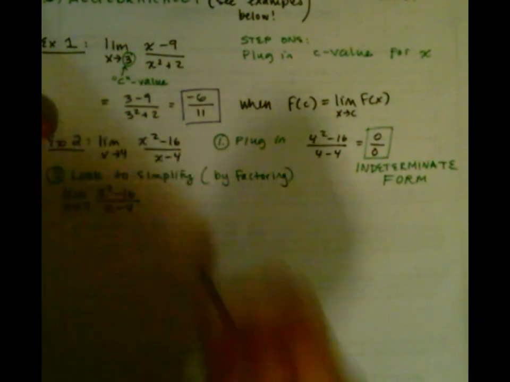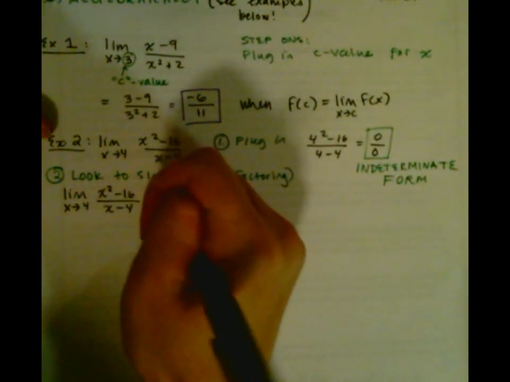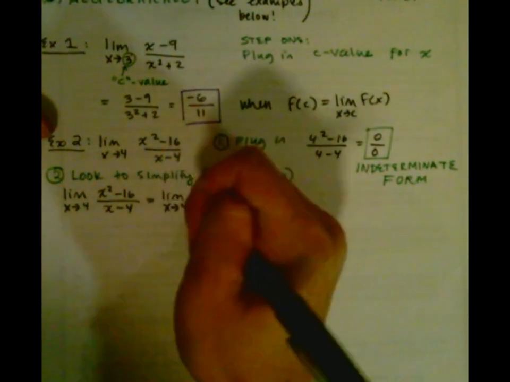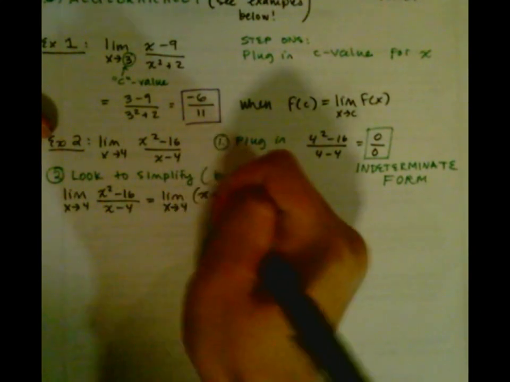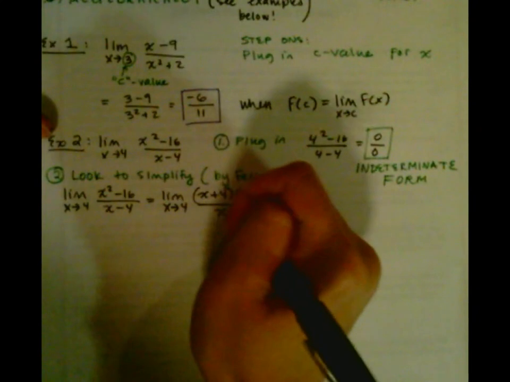So I'm just rewriting the limit. Now I'm going to factor x squared minus 16, that's the same thing as x plus 4 times x minus 4, difference of two squares, all over x minus 4.